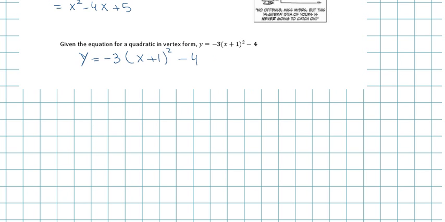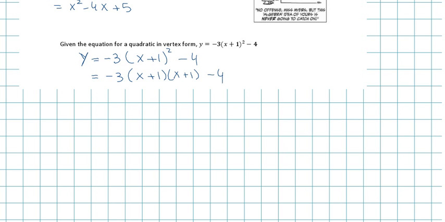So, FOIL first, then multiply your -3. And the -3 is only multiplied with the brackets. It's not multiplied with that -4, right? Because that's on the other side.